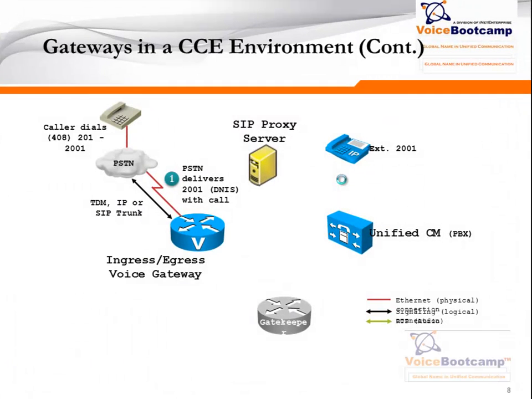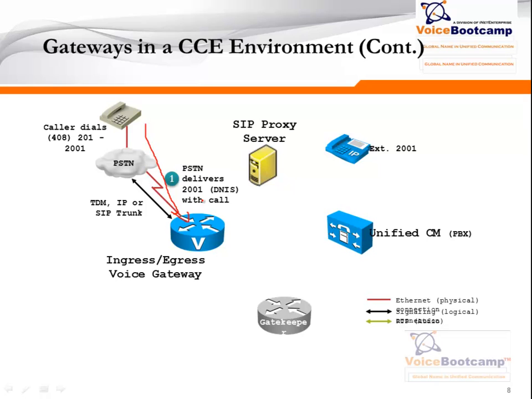Now, if you take a look at this environment, in step number 1, we have received a call from a service provider, from a user in the public world, where the caller will dial 408-201-2001. This call will arrive at my call manager using ISDN signaling or PSTN signaling.